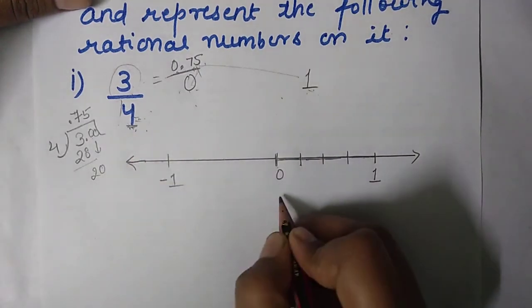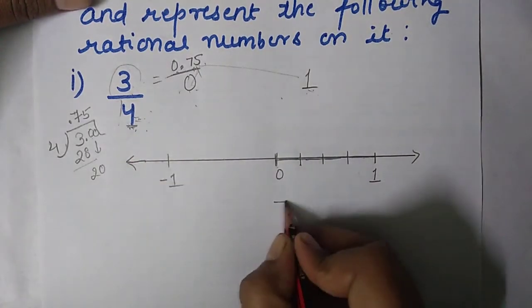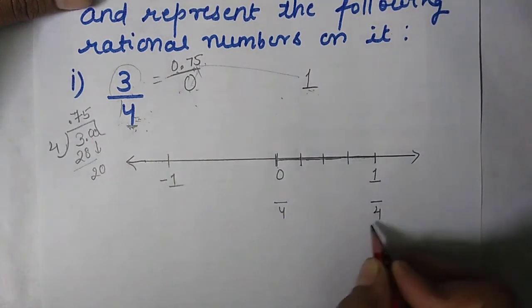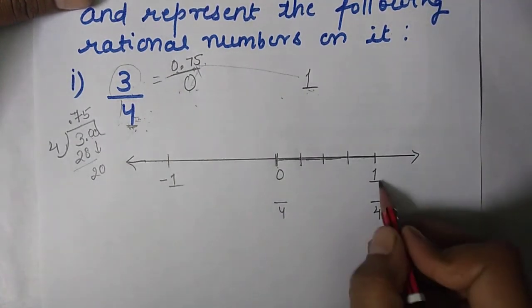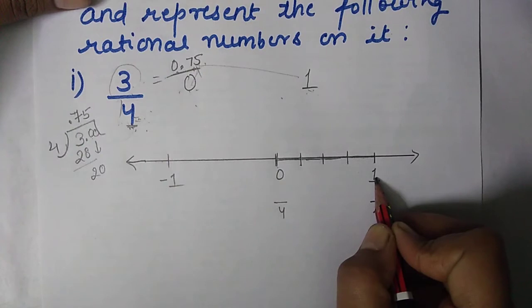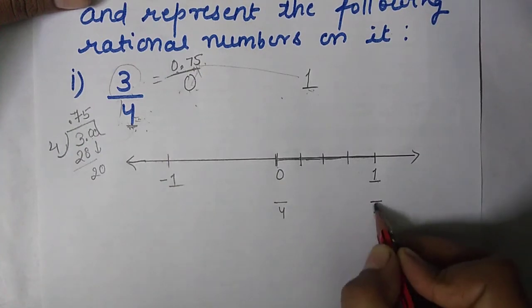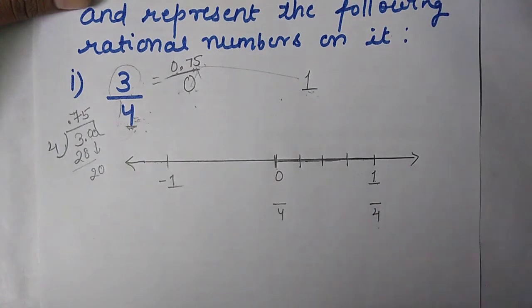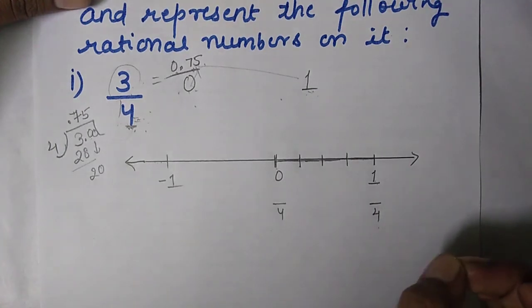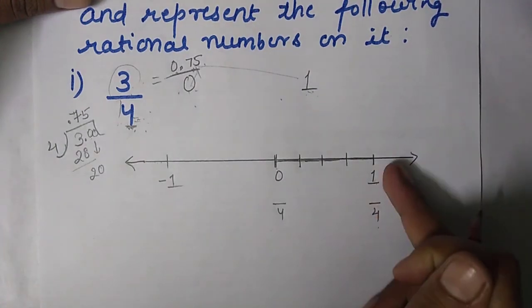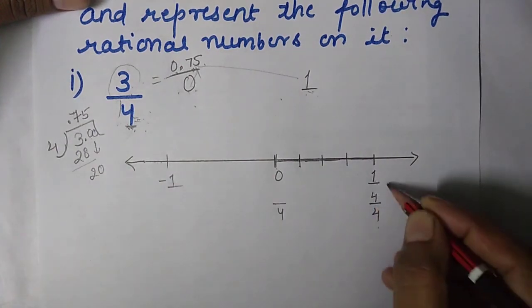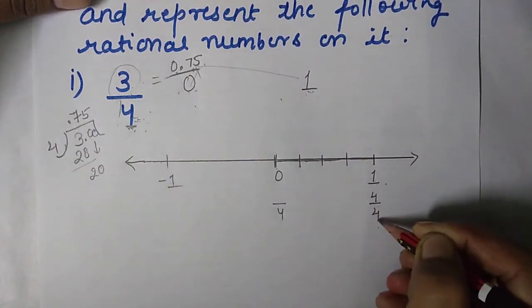Just write 4 below the 0, and this is also a denominator. Make the denominator 4. Now how will you write 1 if you have the denominator as 4? It means you have to search for the numerator so that the resultant is 1. So if you write 4, then 1 can be written as 4 divided by 4.